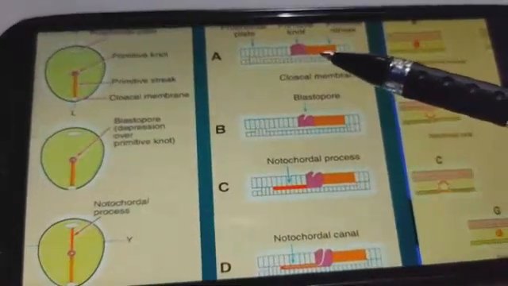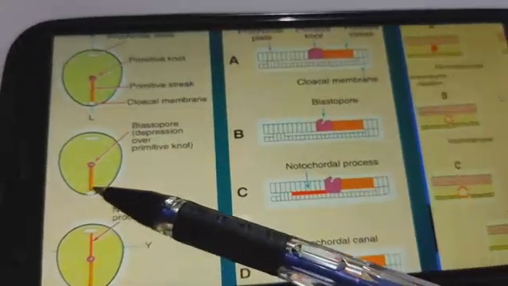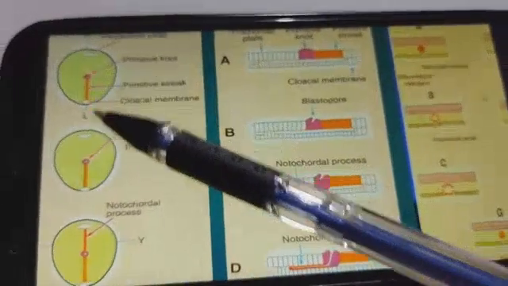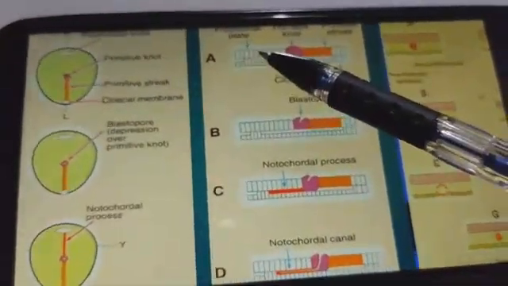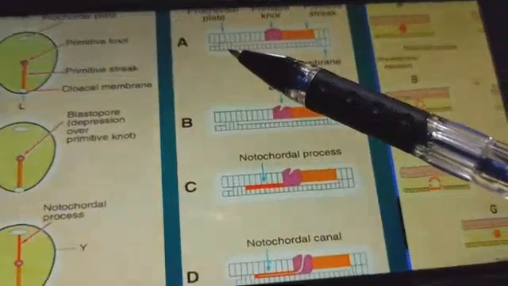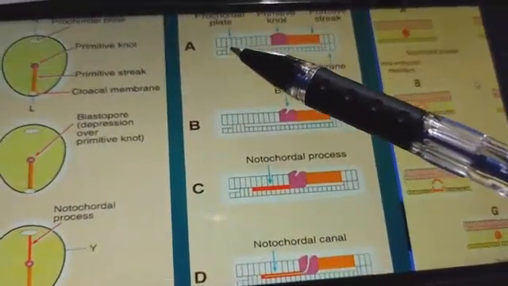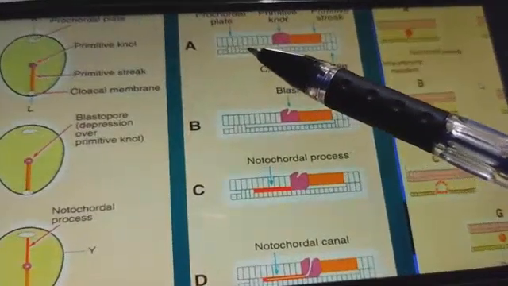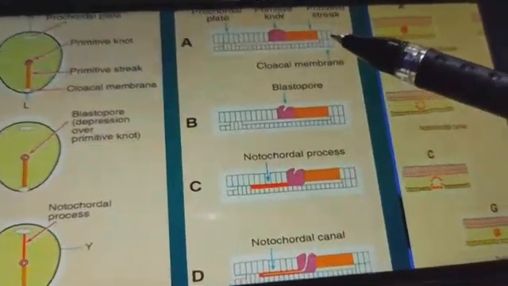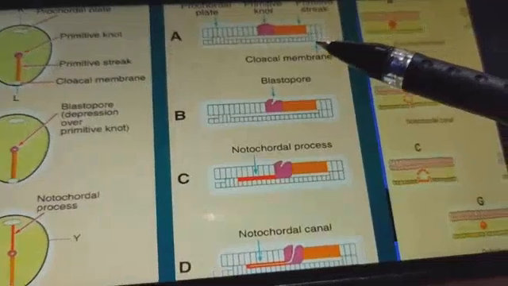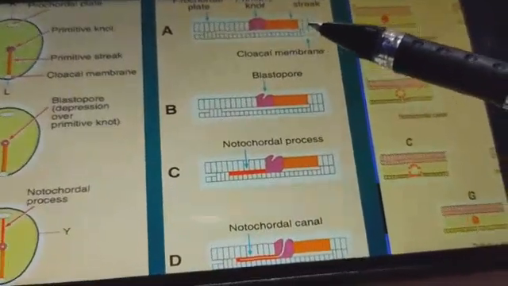This is our primitive streak. This is our cloacal membrane here, and this is the prochordal plate. So we see near the prochordal plate, the mesoderm is absent here. The ectoderm and the endoderm are tightly bound, and the mesoderm is absent. Here also near the cloacal membrane end, there is no presence of intraembryonic mesoderm.